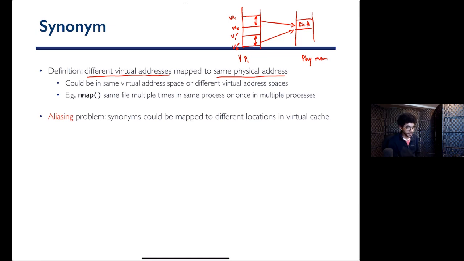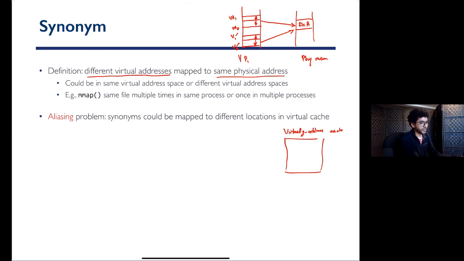And what that means is, well, if you're caching using virtual address, then here is my virtually addressed cache. Now, let's say this address and this address.